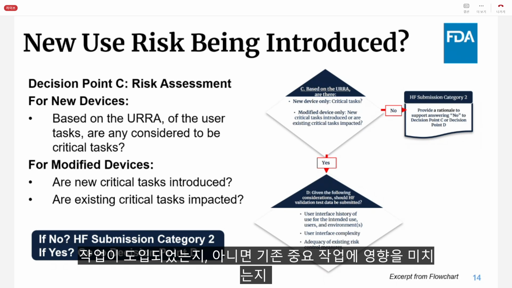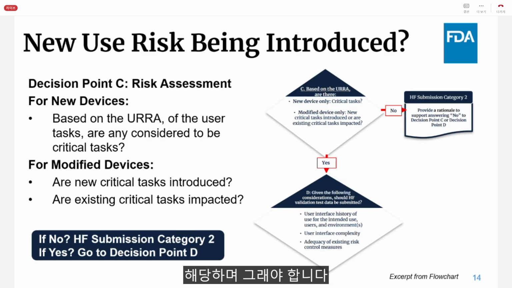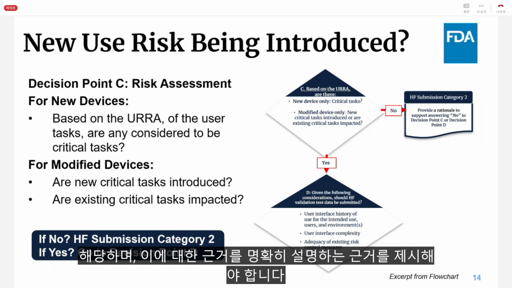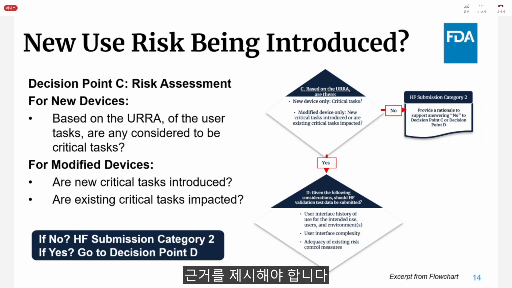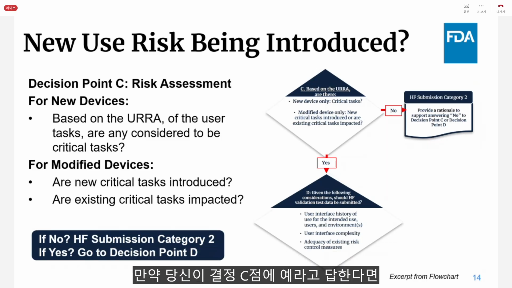If you answer no to decision point C, you fall within Human Factors Category 2 and should provide a rationale that clearly describes the basis of this decision that there are no critical tasks for a new device, or no new critical tasks introduced and no impacted critical tasks for a modified device. If you answer yes to decision point C, move to decision point D.